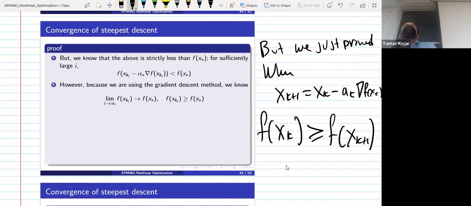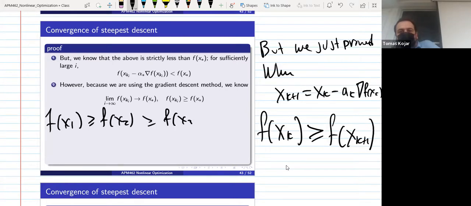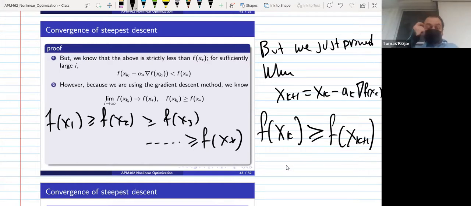Remember, we proved that a few slides ago. Then you have f of x1 bigger than f of x2, f of x3, and so on, and as you take the limit, you end up with f of x star. So now let's put the two together.